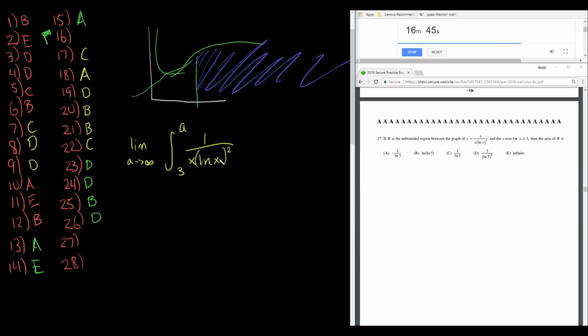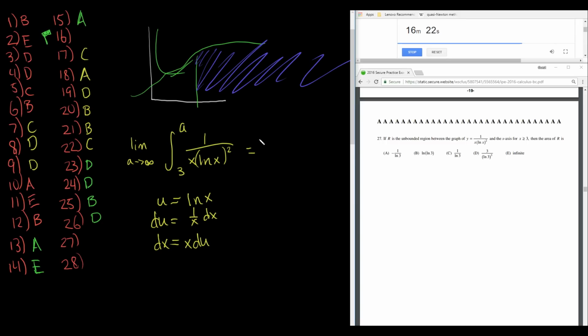Can we use substitution here? If we put in the u here, then we're going to be... All right, let's try it. u equals the natural log of x. du equals 1 divided by x dx. So dx equals x du. Yeah, this will work.